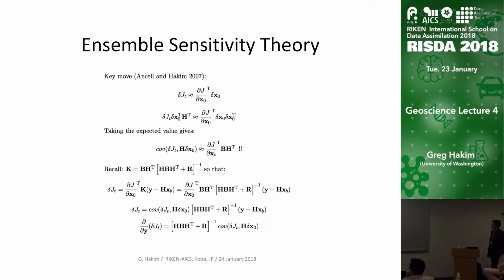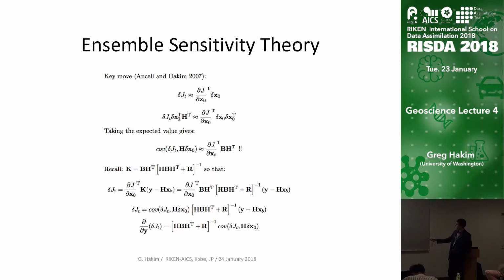Okay, so ensemble sensitivity theory, what I will call the key move, is this one. If we consider that equation from the last slide that involves changes to our performance measure with the adjoint sensitivity gradient and the perturbation to the initial conditions, if we multiply by delta x naught transpose, we form the prior error covariance matrix at the initial time.